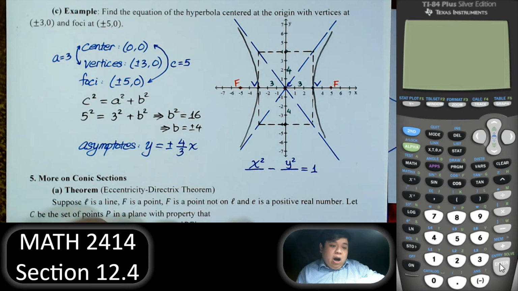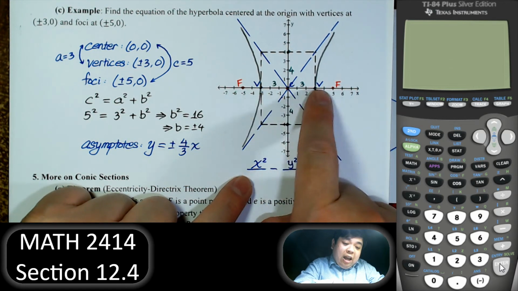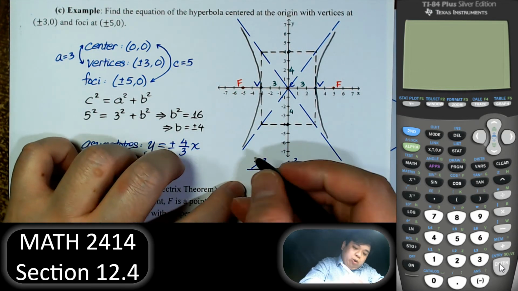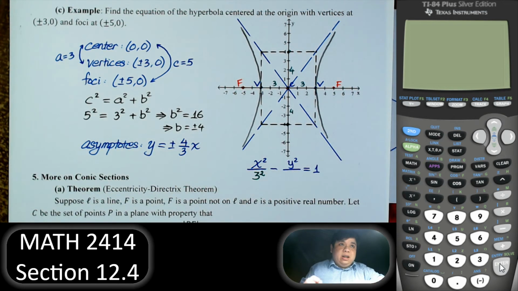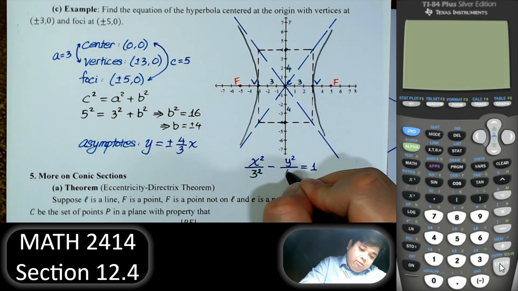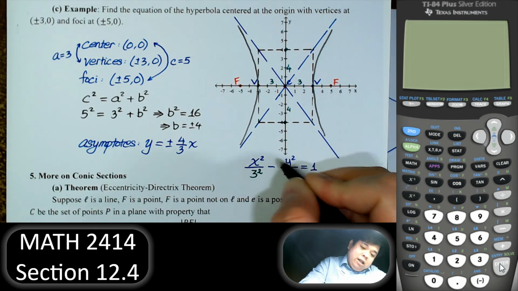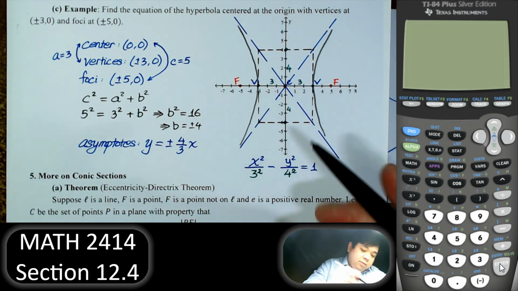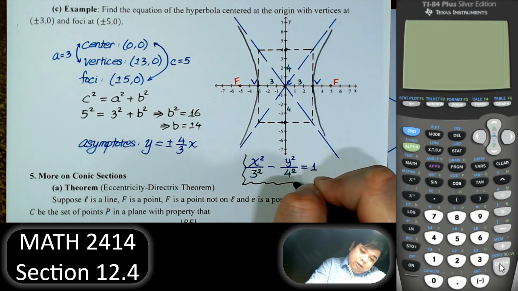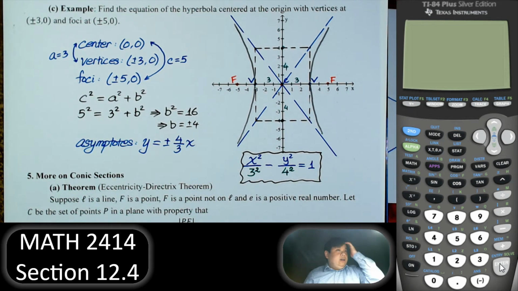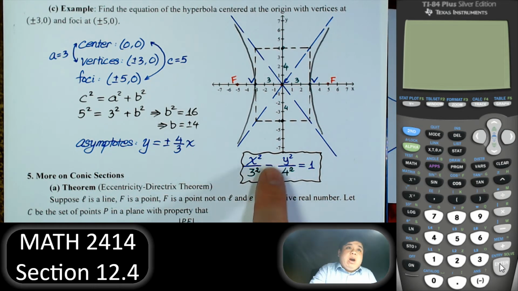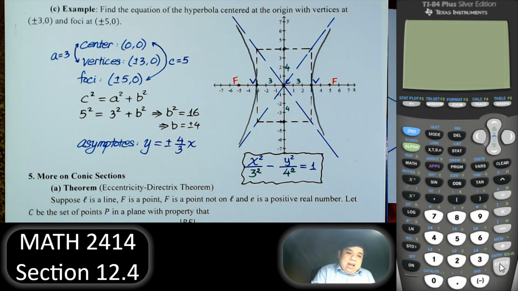And then we have 3 left and right, so we put 3 squared at the bottom of the x squared, and 4 up and down, put 4 squared below y squared. And that is the equation of the hyperbola. It's characterized by the minus. x squared first is going to be horizontal.